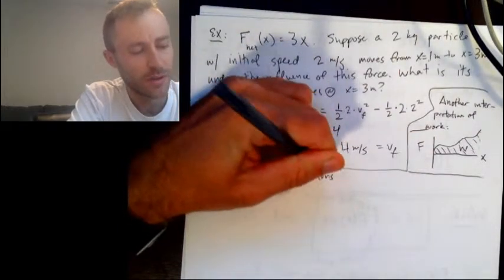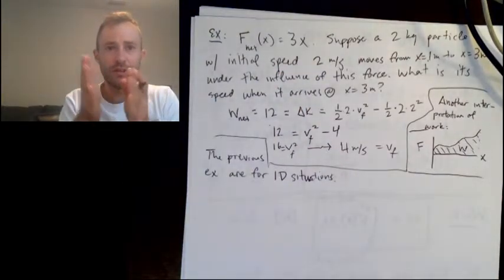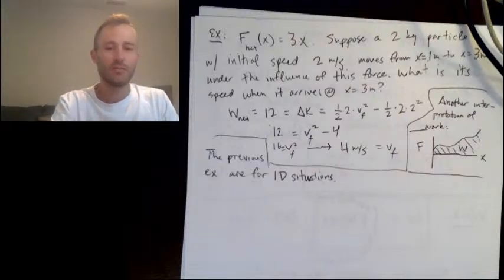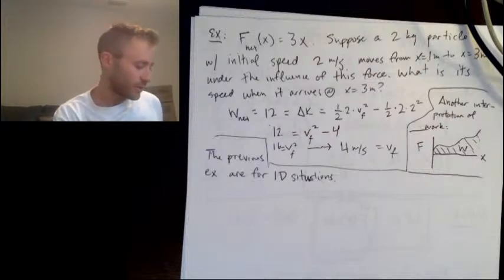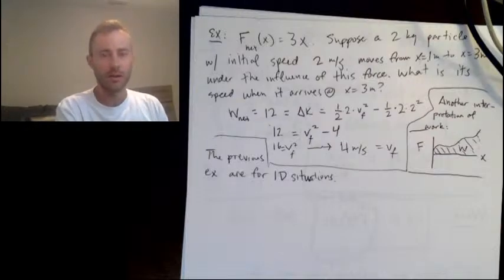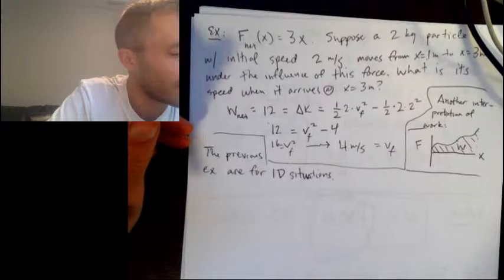So we have a situation where the force points in one direction and the displacement is happening along that same direction. Force and displacement are happening along the same direction. Well, what if the force and the displacement are not in the same direction?